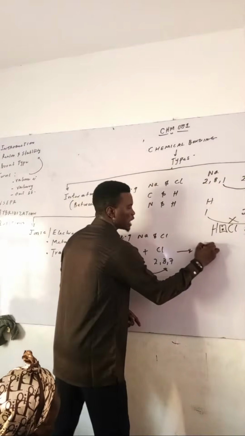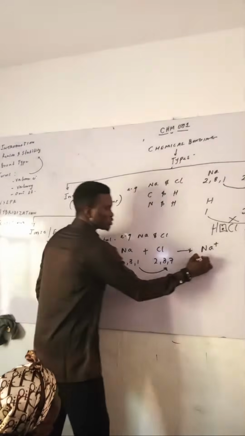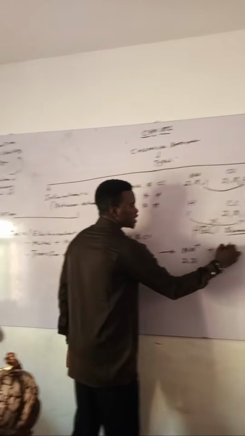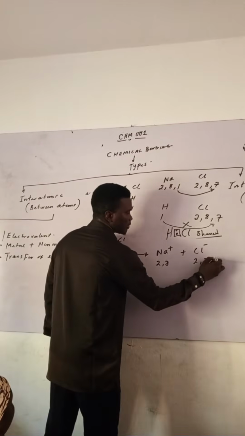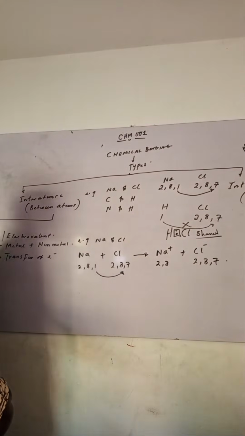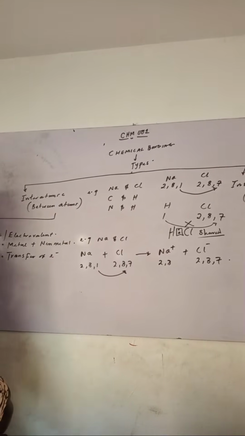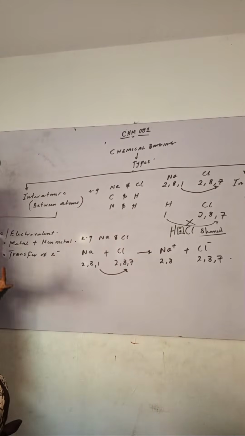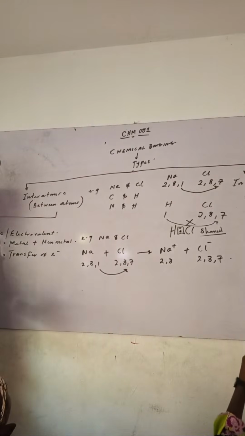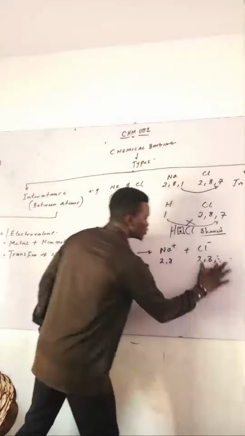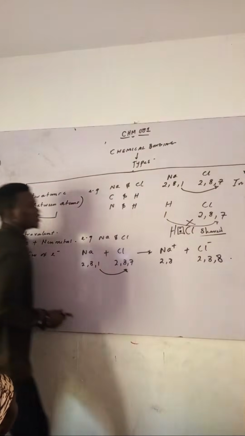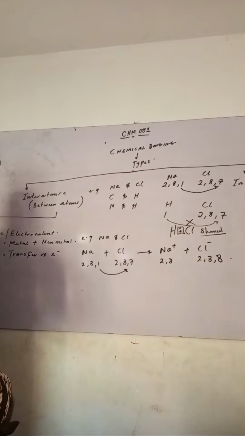So we are going to now have Na+, 2,8, and Cl-, 2,8,7. So that's an example. So when it involves transfer of electron, that is also what? Ionic. All these are things you need to know. I was testing you. That shows you are following. So 2,8,8, not 2,8,7.